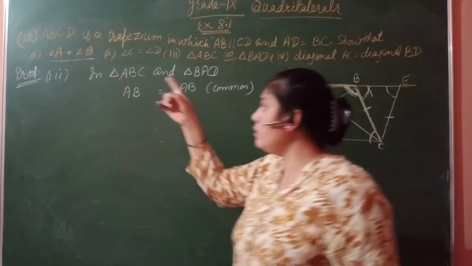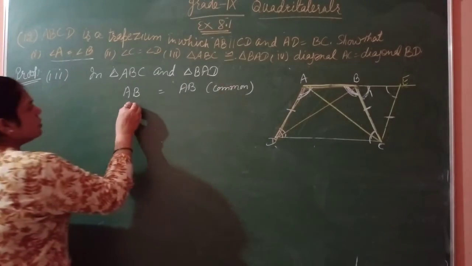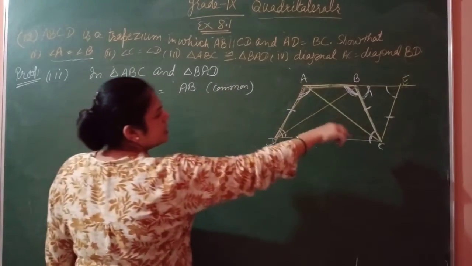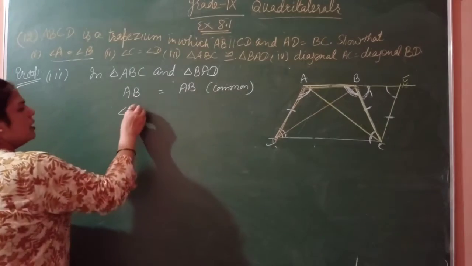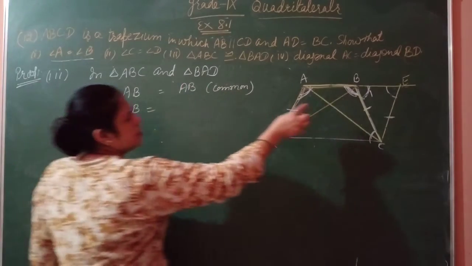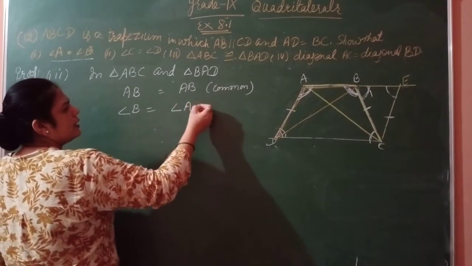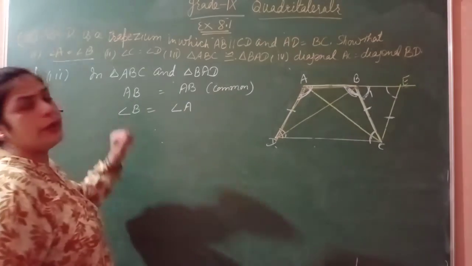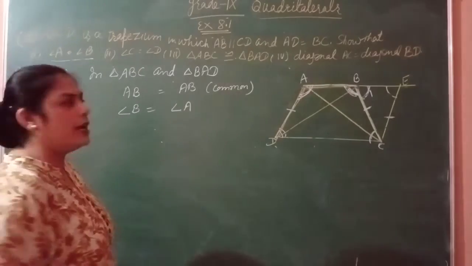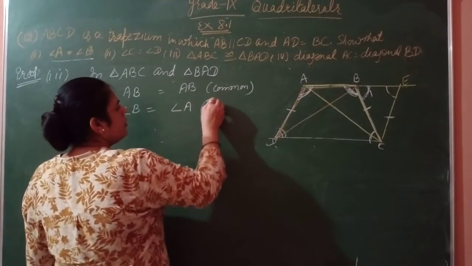Both are equal, we have proved in the first part. So in ABC, angle B, and in BAD, the whole angle A comes. You can write it as angle BAD and angle ABC, or you can write it as angle B and angle A. Proved in the first part.